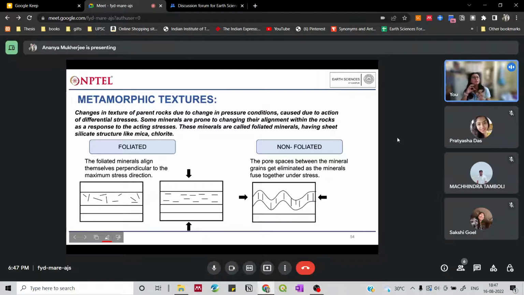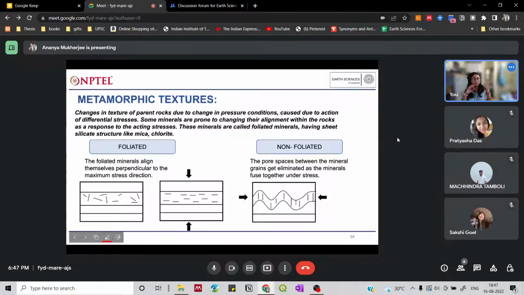Now alignment of all minerals does not change. There are particular minerals whose alignment actually matters when it comes to metamorphic textures. These minerals are called foliated minerals, and these are usually platy. When they occur in mineral form, you can pick them off and they will come out like a layer.